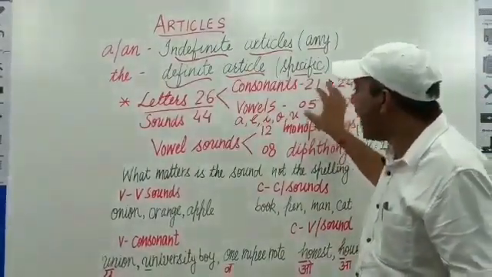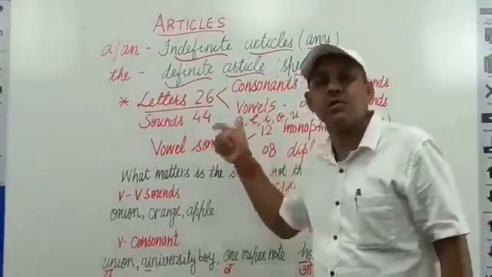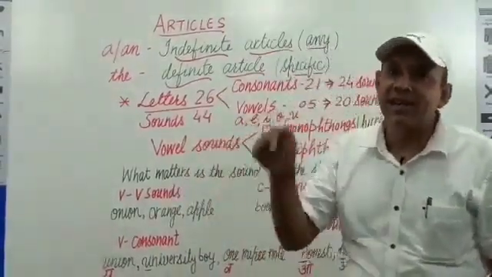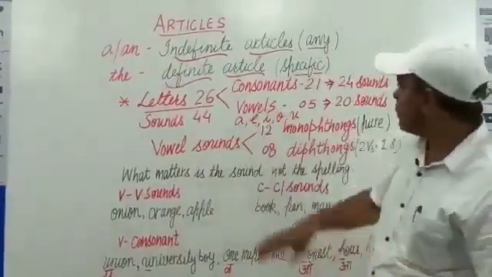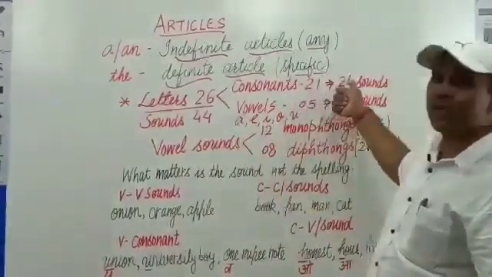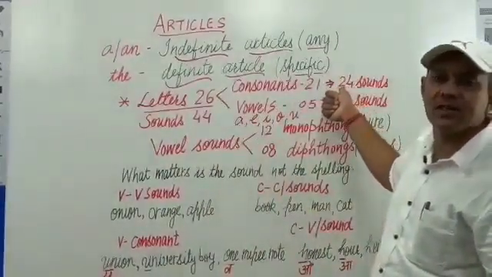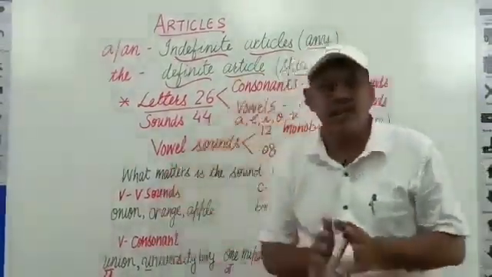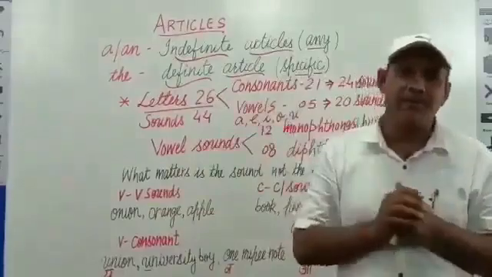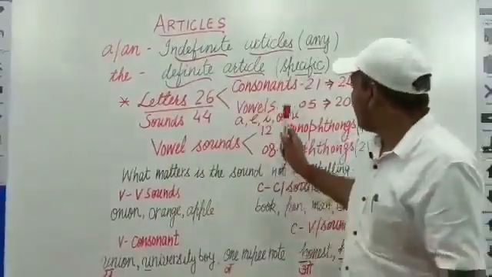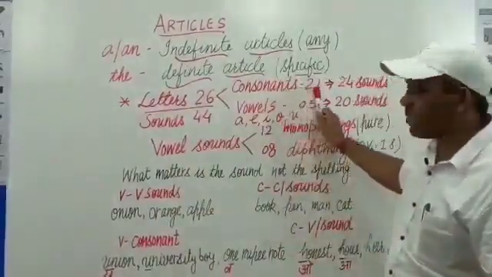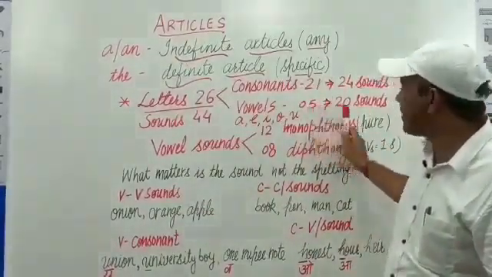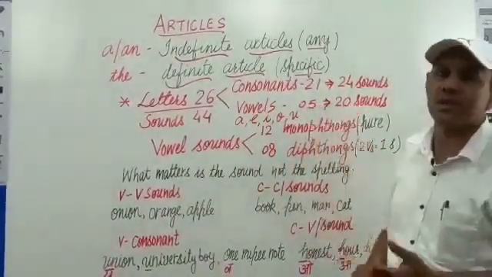That's why we have to decide the sound produced by the initial letter of a word. These 21 consonants produce 24 sounds. That's why we have to understand the concept of sounds in brief. 21 consonants produce 24 sounds and 5 vowels produce 20 sounds.